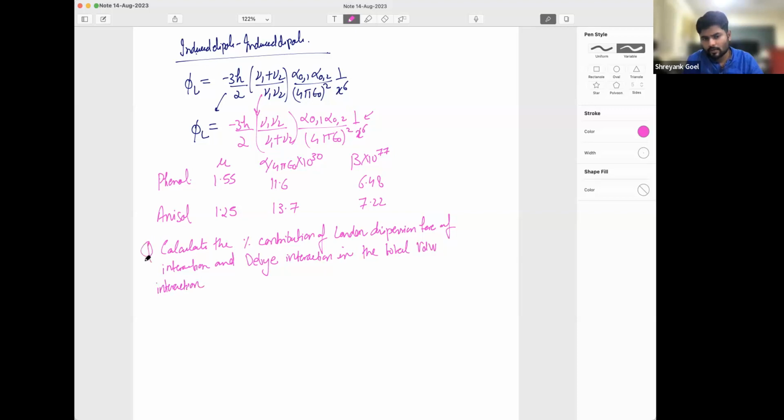So try to solve this and then we'll check the answer. You need to find phi Debye divided by phi VDW into 100, and phi London divided by phi VDW into 100. Once any of you get the answer, just let me know.